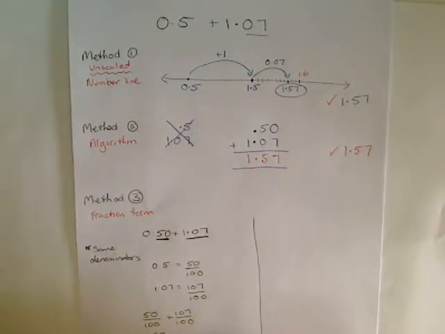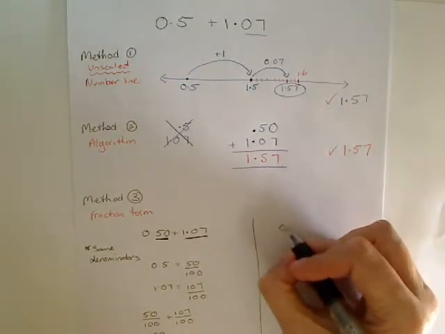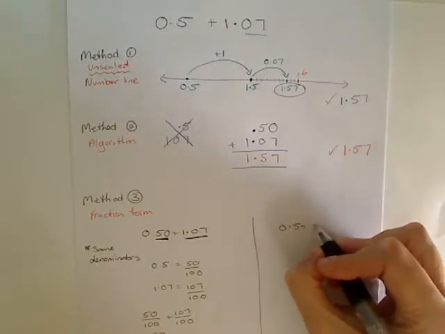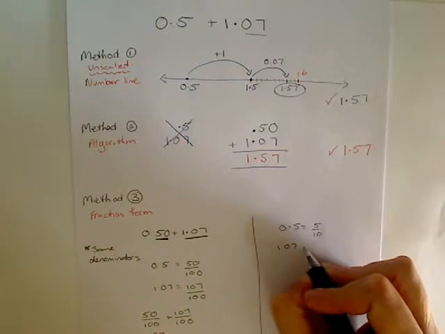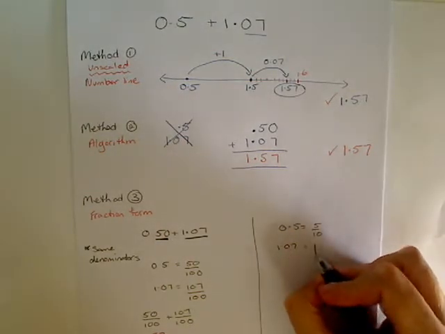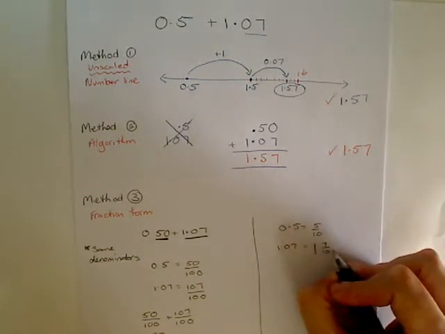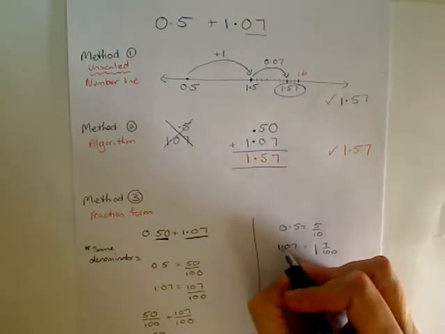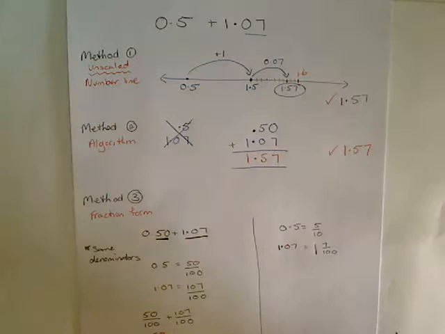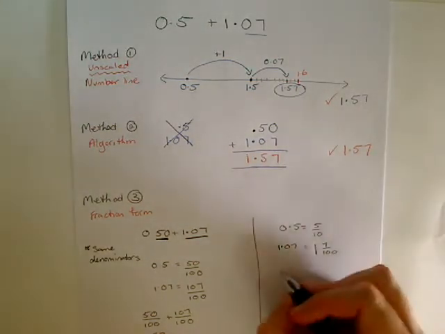So that's my preference. Other people will find that they don't prefer to do it that way. You may choose to rewrite 0.5 as 5/10ths and 1.07 as perhaps 1 whole and 7 hundredths. So there's a few ways to write these numbers, and that's how numbers work. Lots of different ways. You rewrite them in the form that works for what you're doing. Now we've got to add these two together.